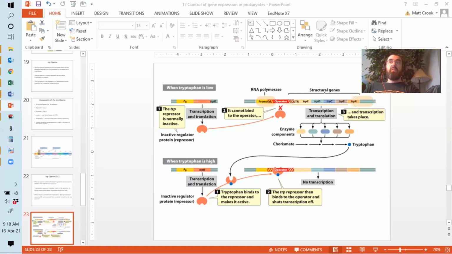Bacteria go through periods of not doing very much to periods of doing lots of gene expression and protein production. So the need for tryptophan is going to vary constantly. And so the production of tryptophan also needs to be varied constantly, right?